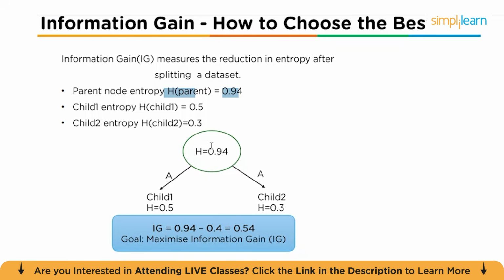So my average entropy, considering each of these child 1 and child 2 has equal responses, 0.5 plus 0.3, the average will come to 0.4. So from 0.94, I'm coming down to an entropy level or error level of 0.4. That brings my information gain value to 0.54.